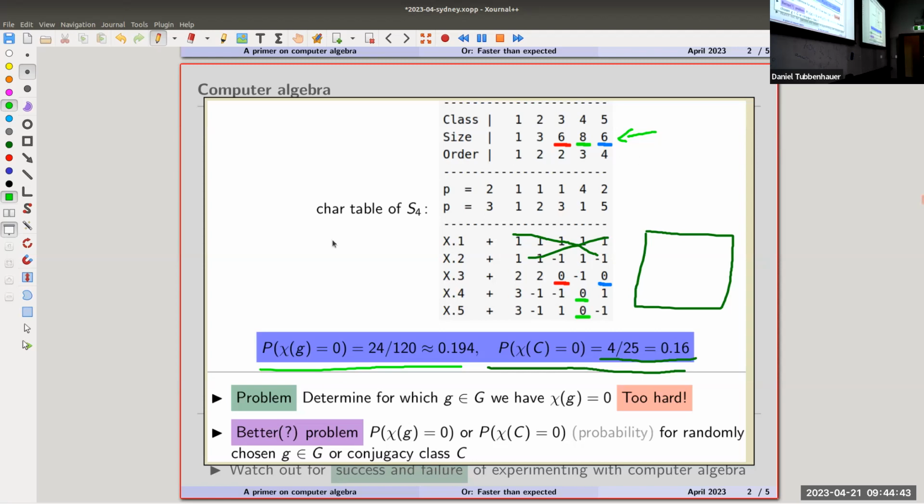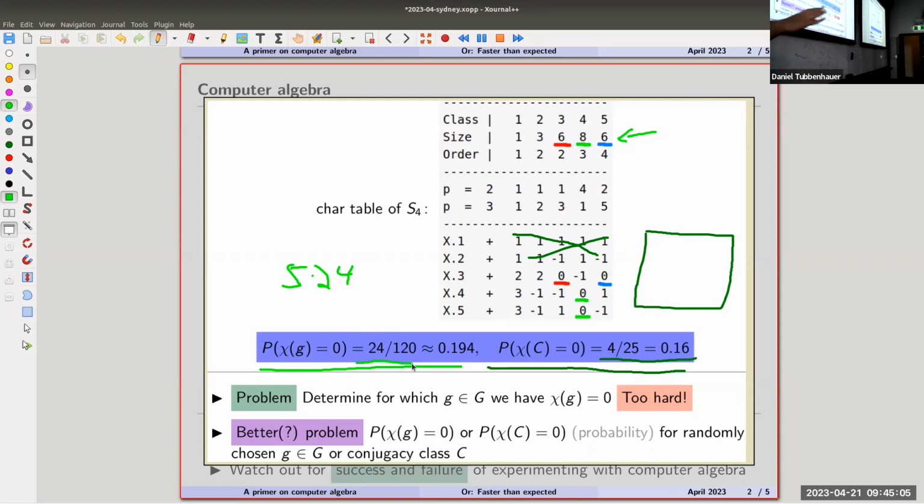Because I have 5 characters and I have 24 elements, and if I haven't messed up the count, there are 6, and twice 8, that's 24. So that's 24 out of 120 entries that are 0.